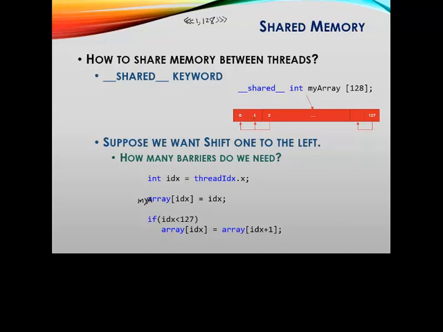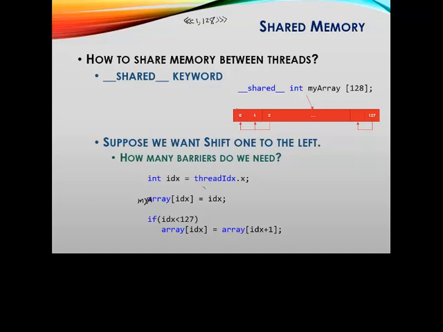So it's going to write 0, 1, 2, 3, and so on. And then I'm asking each thread to look at its neighbor's value from the shared memory, and store the content of its rightmost neighbor into its own location in the array.